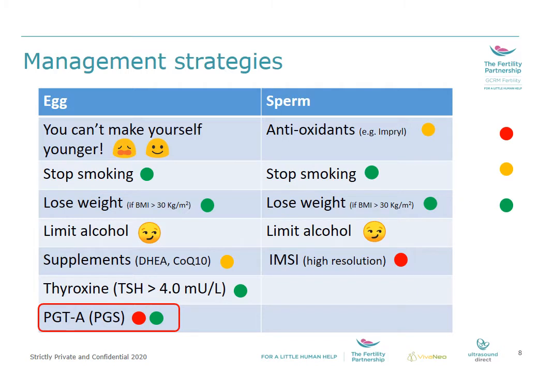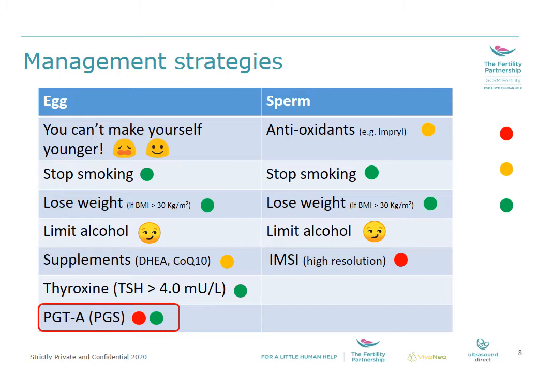And then the HFEA gives pre-implantation genetic testing for aneuploidy, PGTA, previously known as PGS, a red sticker because it's expensive, but in fact they also concede that the time to pregnancy and the reduction in miscarriage associated with PGTA is beneficial.